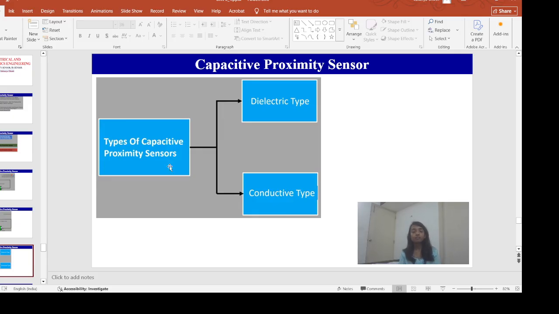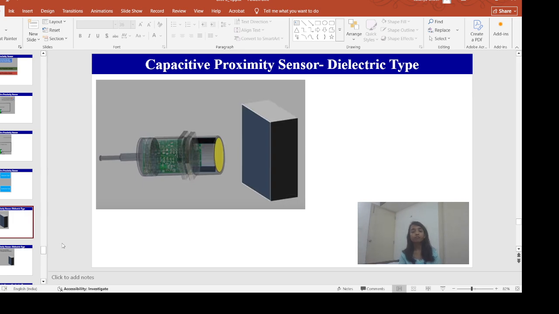Now, when we discuss the capacitive proximity sensor, it is classified into two types. One is a dielectric type, the second one is a conductive type. Let us first see the dielectric type capacitive proximity sensor. In this case, this is the proximity sensor and this is my target or object.